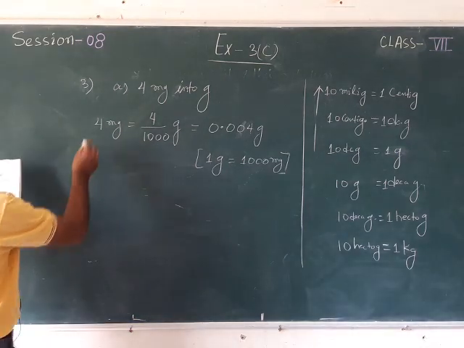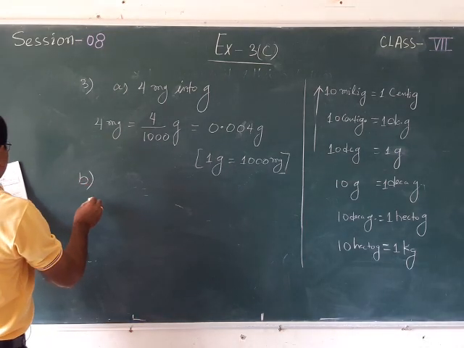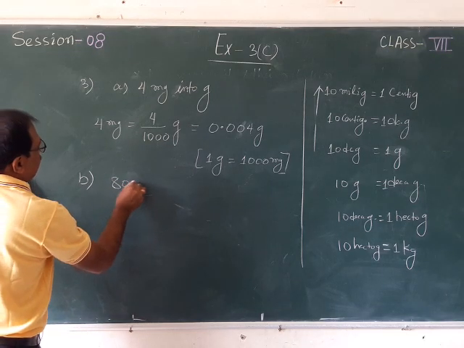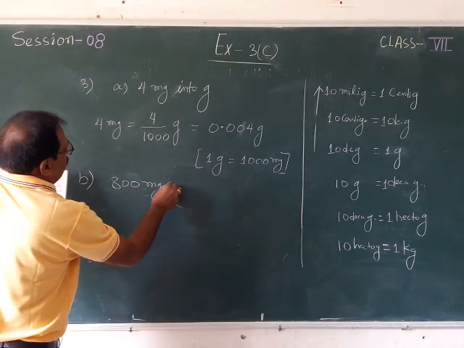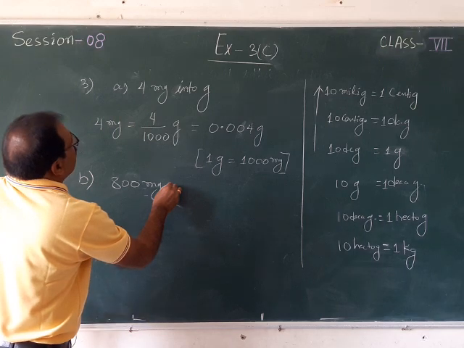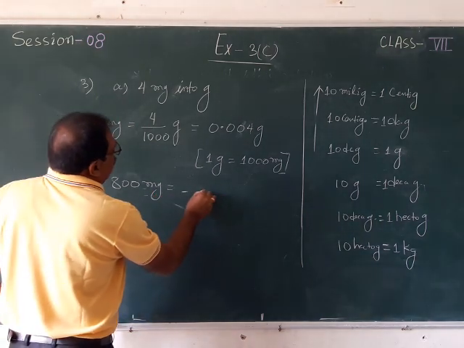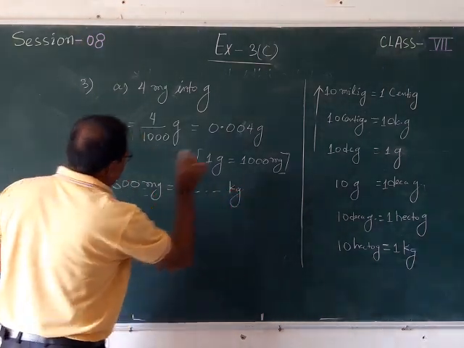Suppose I don't know the relation, this is how I would find the answer, as you can see from this working. Now this was 3a, then 3b, 800 milligram. You want to change this into kilogram.